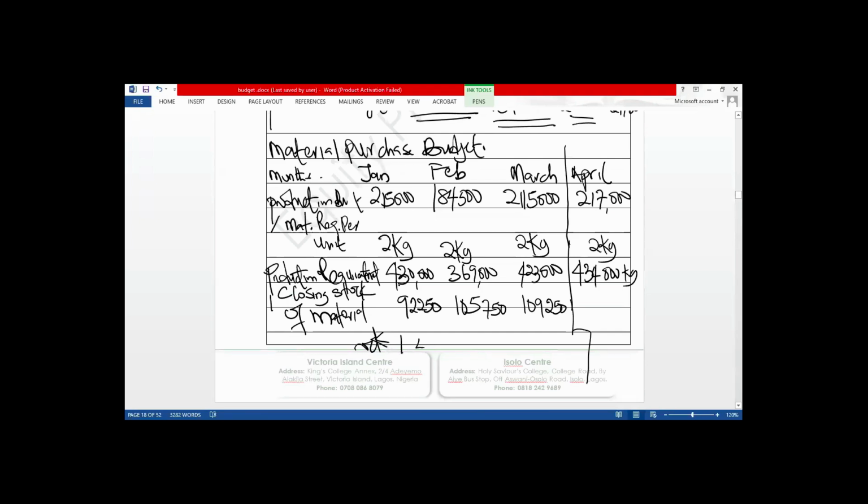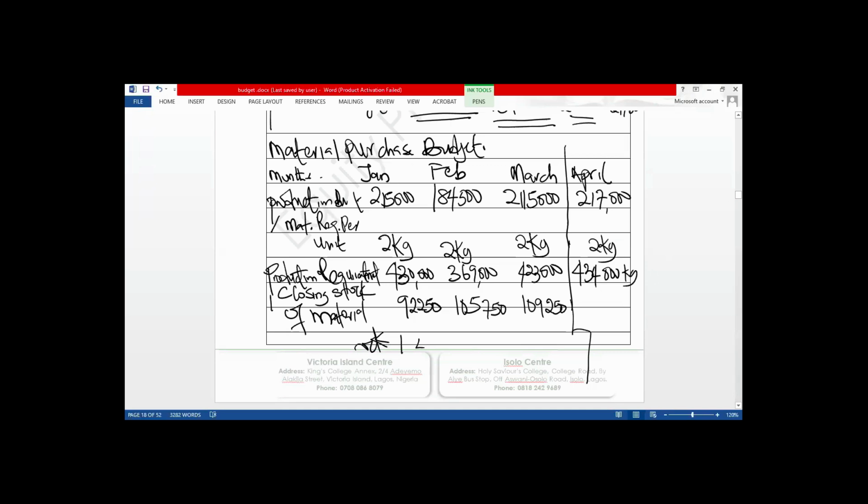Production requirements. For production in January, we require 430 kg of material. For February, we require 369 kg of material. For March, we require 423,000 kg of material.